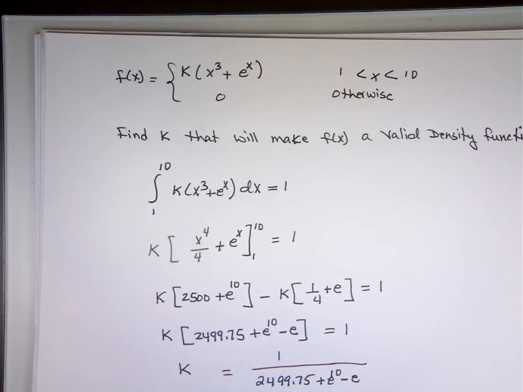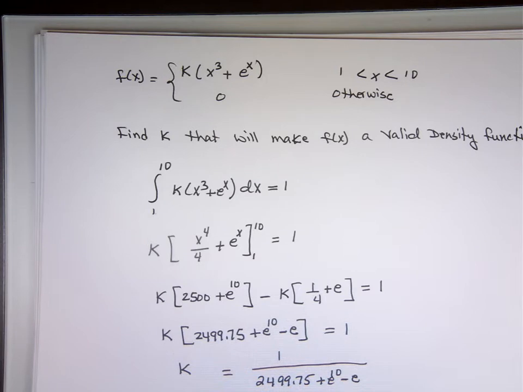That's what k should be. You make k equal to that number, you just turn that function into a valid density function. So when I'm making a problem on the test, if I don't want to think about it, I do the problem backward like this, and I get the answer.